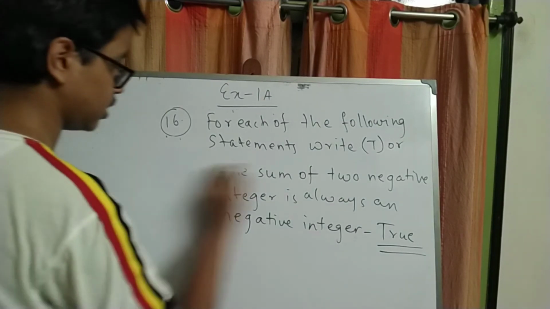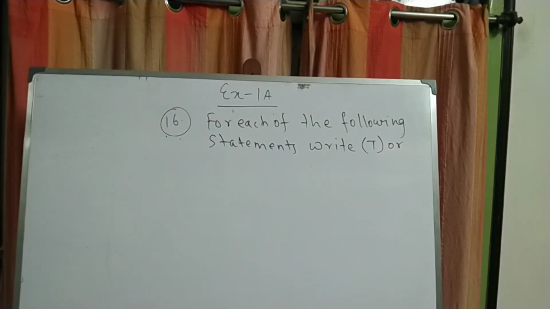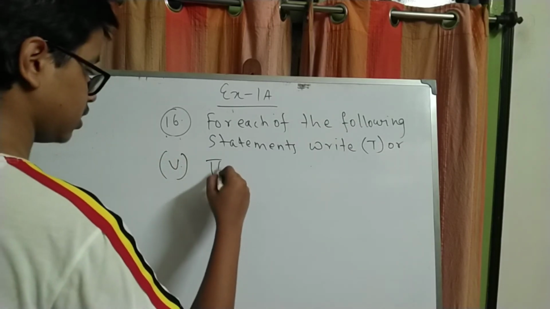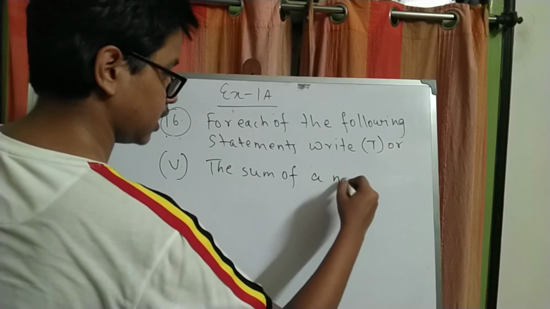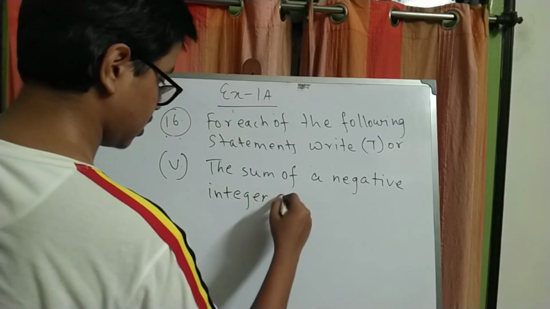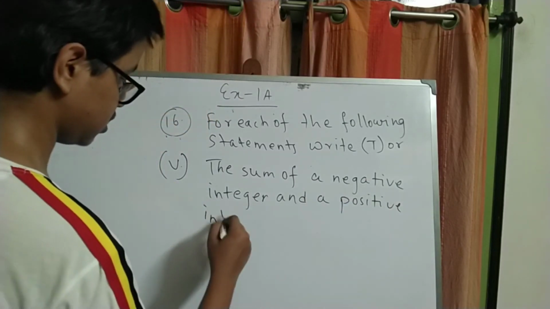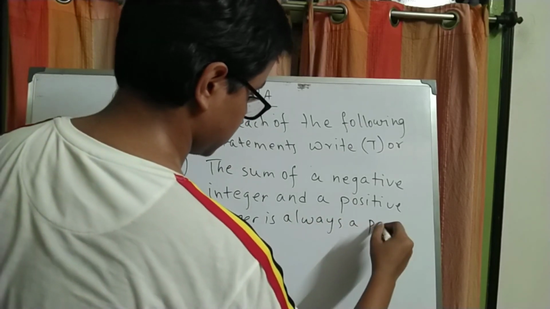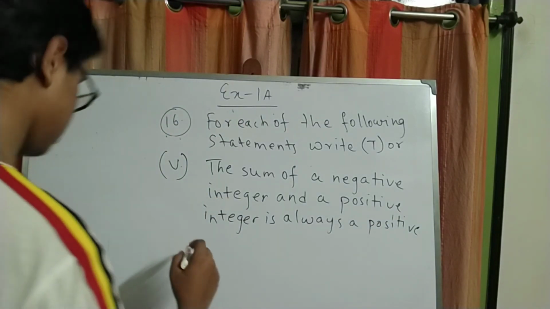Now I will go to question number 5, the last question. The sum of a negative integer and a positive integer is always a positive integer.